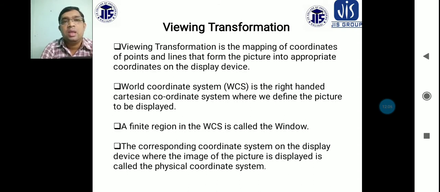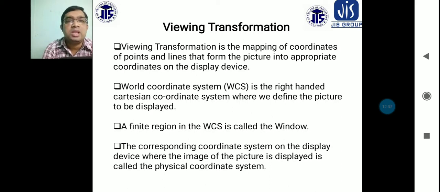The window defines the picture that is required for display. If the window does not work properly, the system does not run properly and the picture is not properly displayed on the monitor.